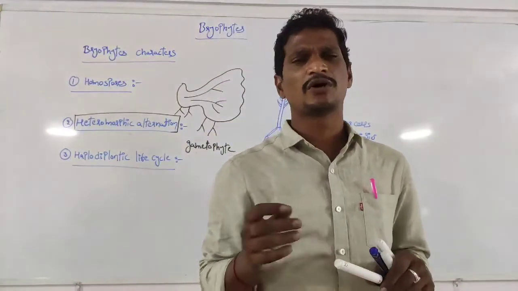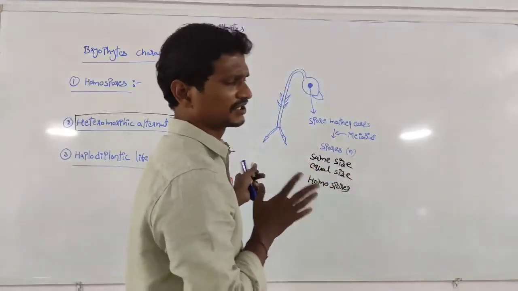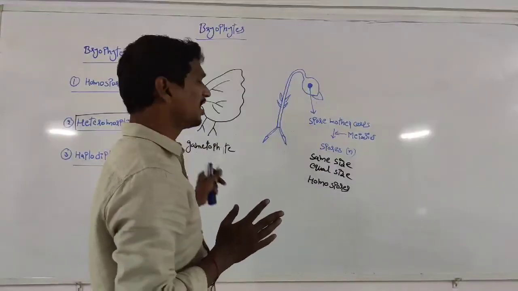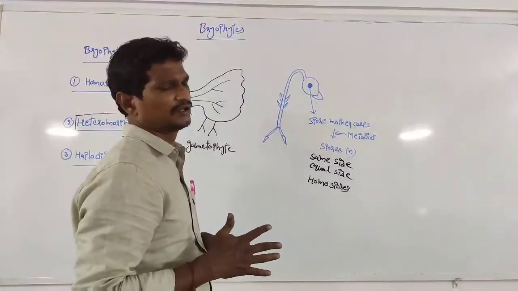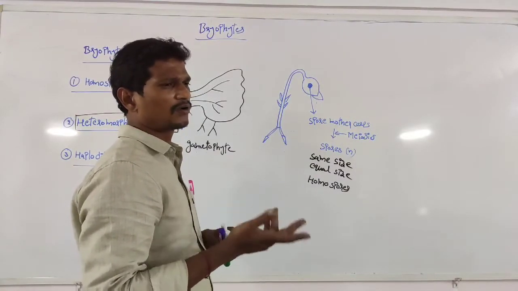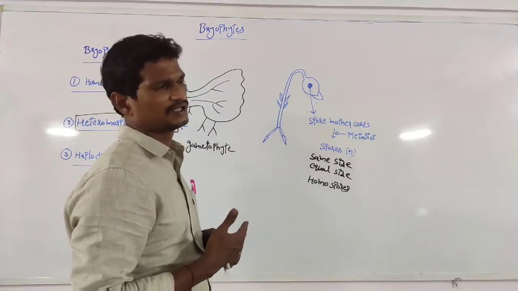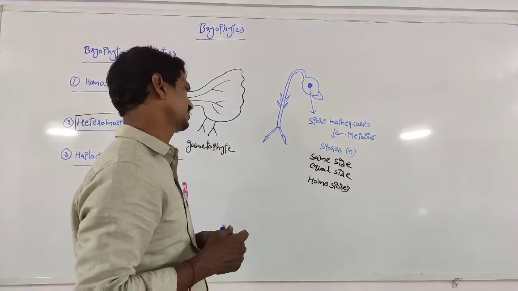Hetero means different, morphic means morphological structures, and alternation means changes. Within the bryophyte life cycle there are two different morphological stages. One is called the gametophyte, the other is called the sporophyte.